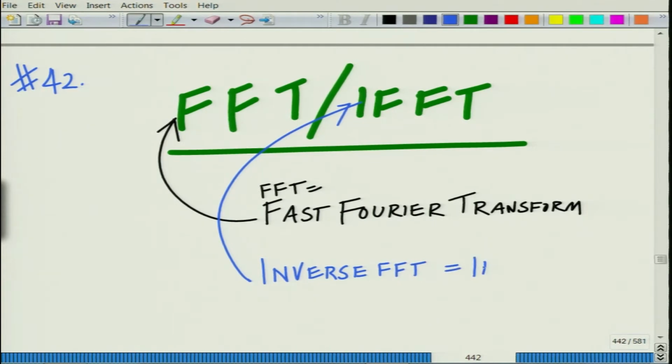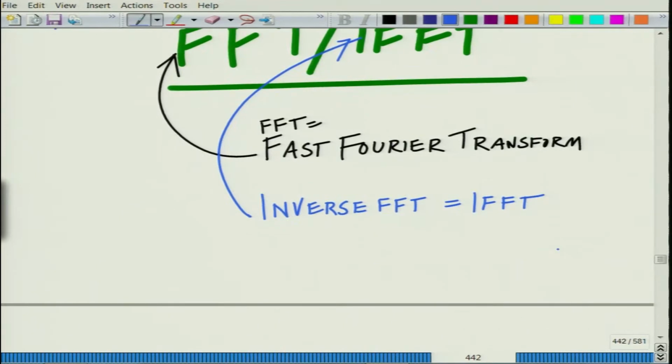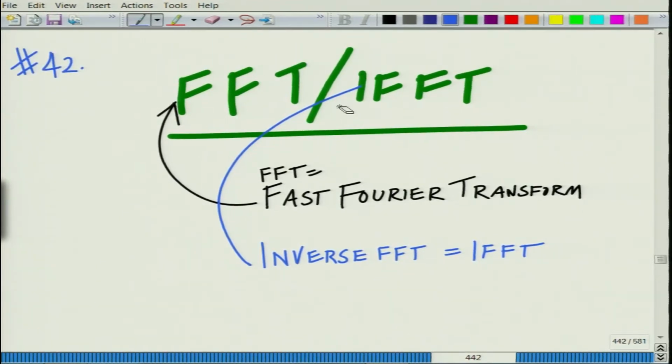So, this is your IFFT, and these are essentially nothing but fast algorithms. So, FFT is essentially nothing but a fast algorithm for DFT, and IFFT is a fast algorithm for IDFT.